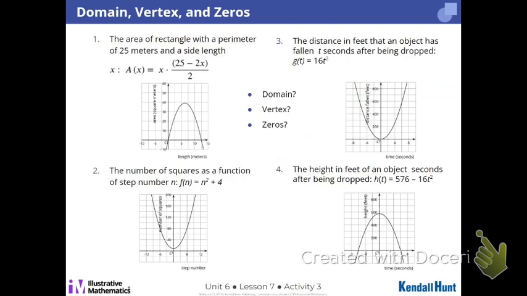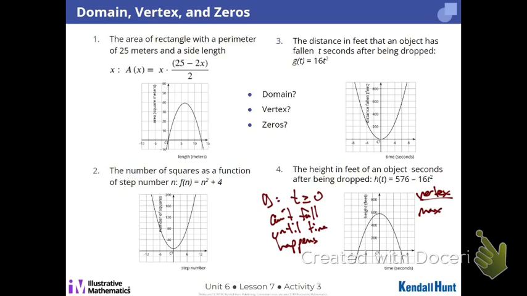One more. Height from the ground. Our domain, again, time needs to be greater than or equal to 0. Can't fall until time happens. Next is vertex, max or minimum?